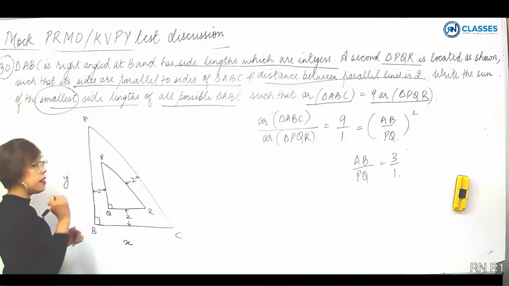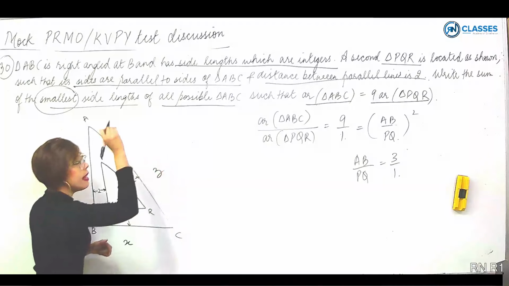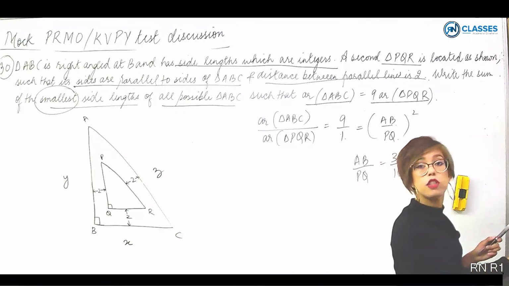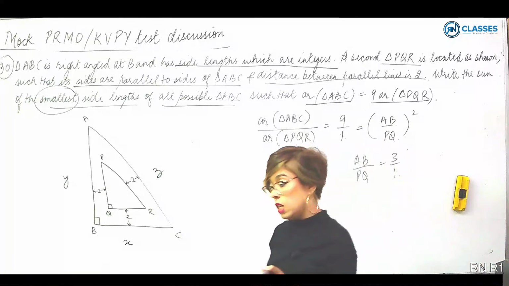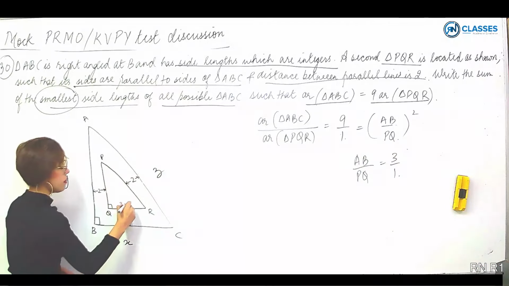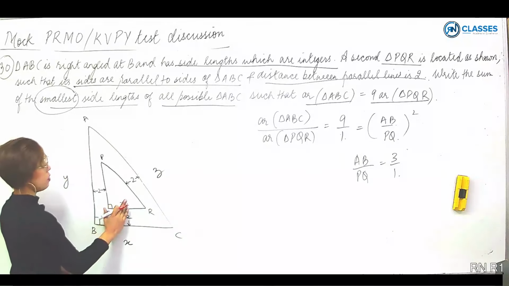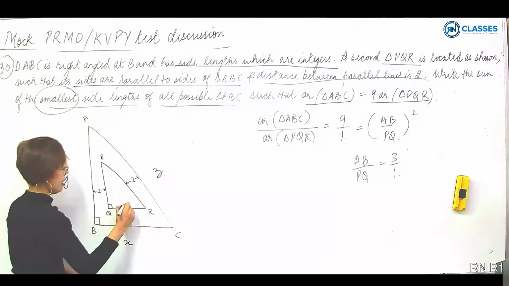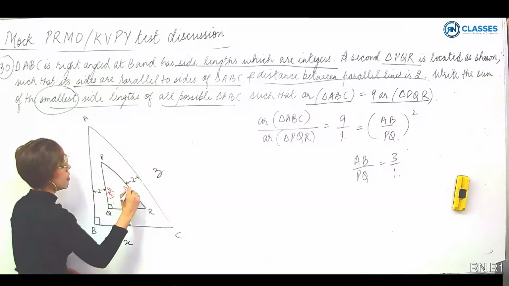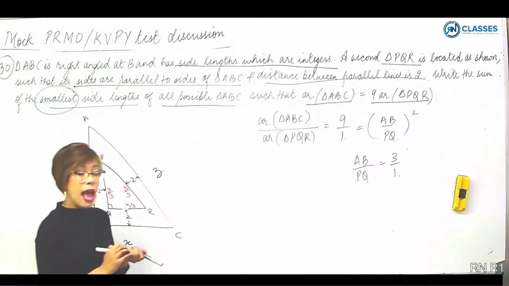That means y is an integer. That means z is an integer. That's why I'm not involving 3x, 3y, 3z. Alright? Now, if this length is x, this length is x/3, okay, x/3. This length is y/3 and this length is z/3. Right? I might use this.